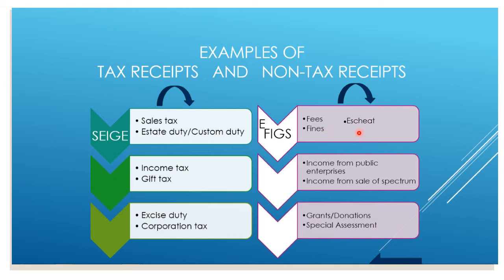Escheat is the income that is earned by the government from the sale of such properties which have no legal heir. Special assessment is the money recovered from the owners of such properties whose value has appreciated on account of developmental works made by the government. Let us go on to the next slide.